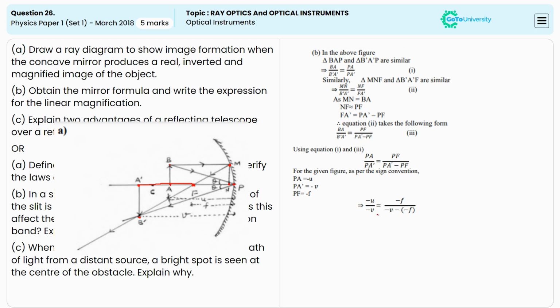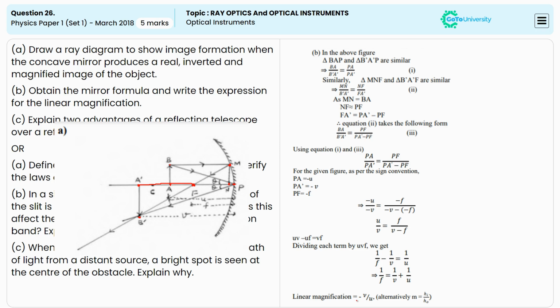Then minus u by minus v is equal to minus f divided by minus v minus of minus f. Then u by v is equal to f divided by v minus f. uv minus uf is equal to vf. Dividing each term by uvf, we get 1 upon f minus 1 upon v is equal to 1 upon u. So 1 upon f is equal to 1 upon v plus 1 upon u.